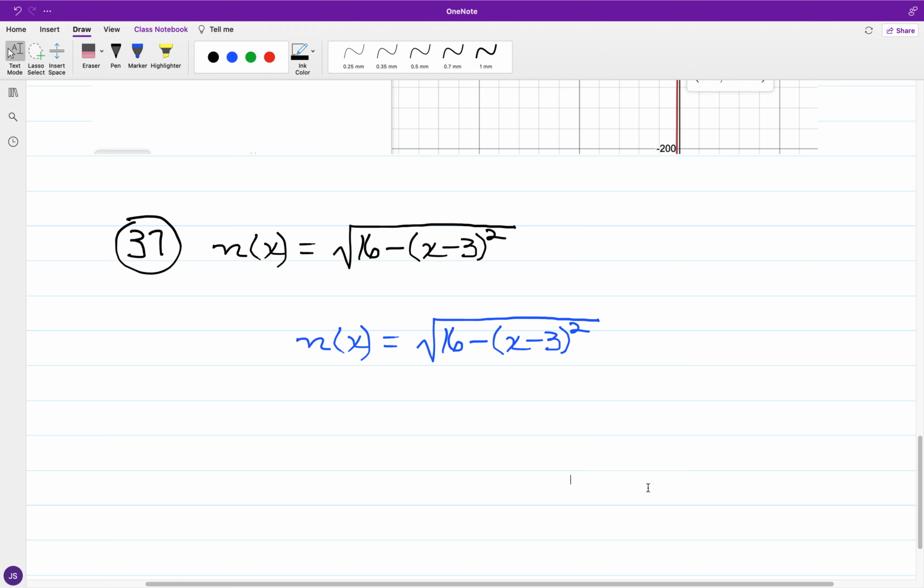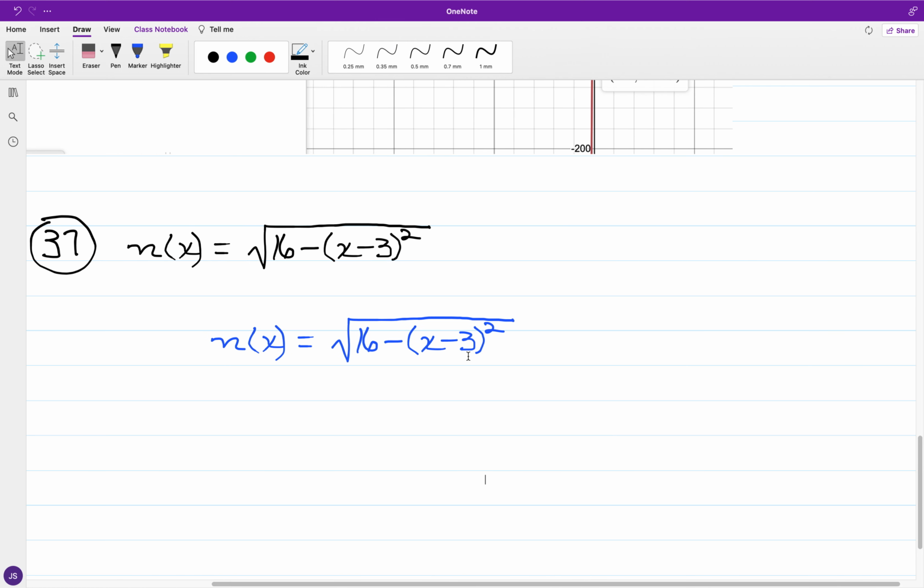Alright, so in the case of n of x, we have the square root of 16 minus the square of x minus 3. And let's say I take care of the parentheses, now the square of x minus 3. Remember, like x minus 3 times itself. Okay, so this will be x squared minus 6x plus 9.